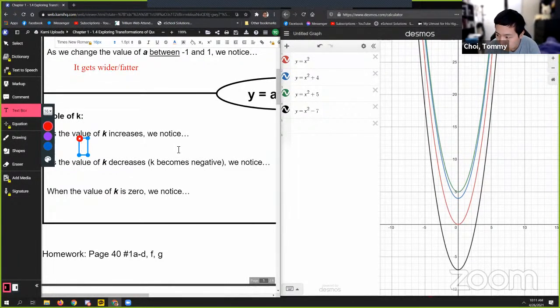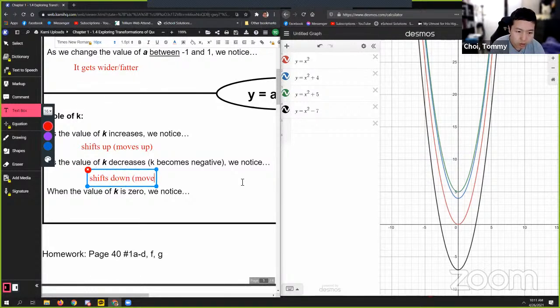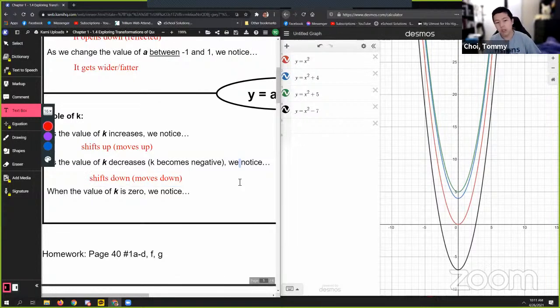So in comparison, it moves up. Yeah, shifts upwards. And so we can only assume if k is negative, then it moves down. Very simple. K is an easy one to understand.